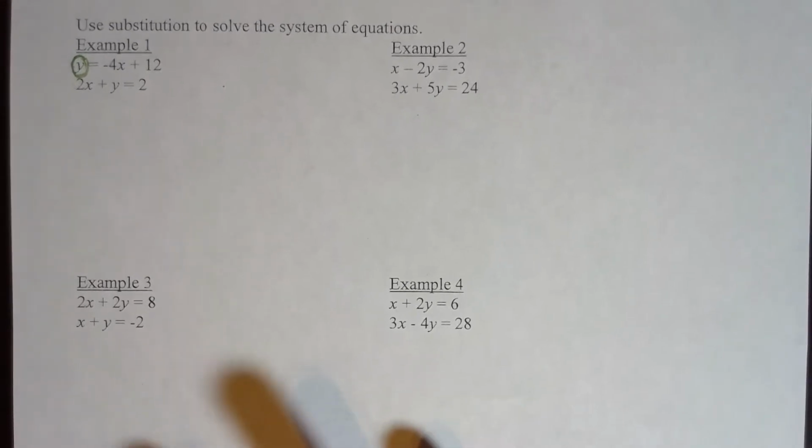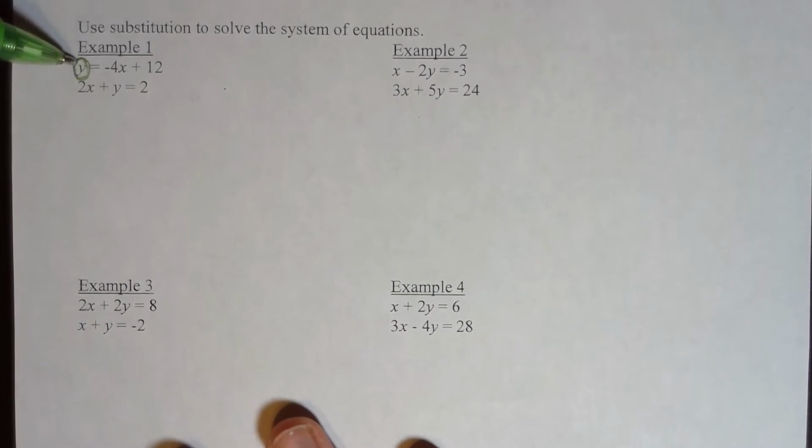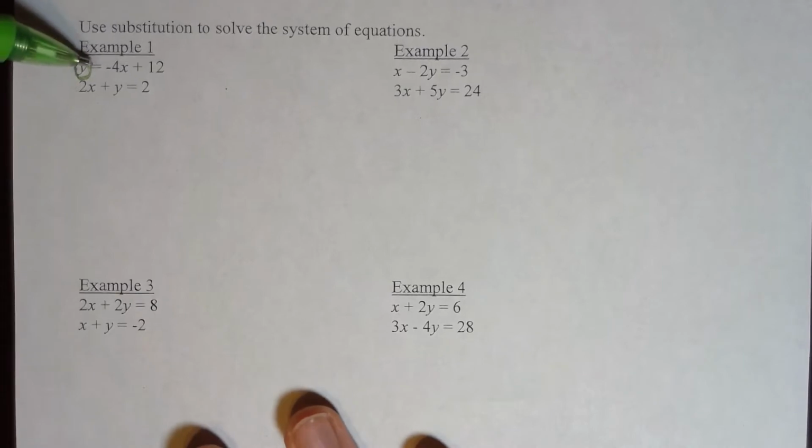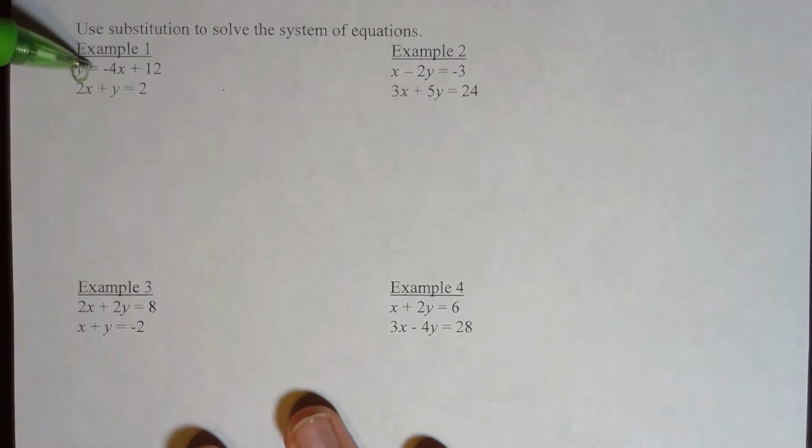Now here's the idea, is that we have a definition of what y is. Y is equal to negative 4x plus 12.